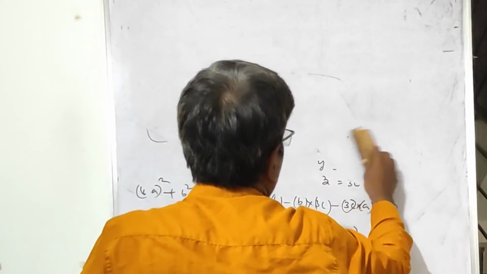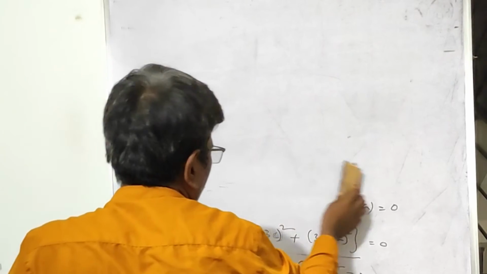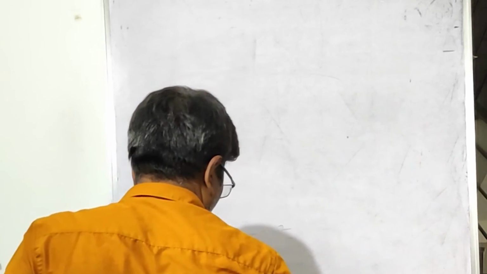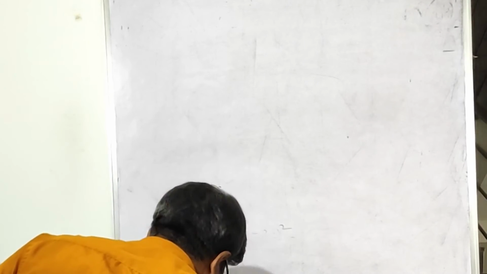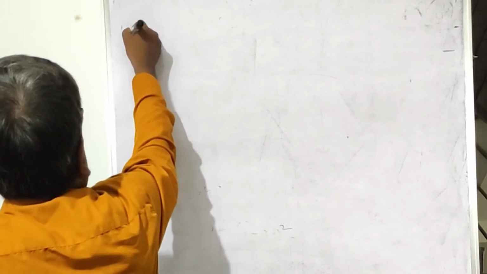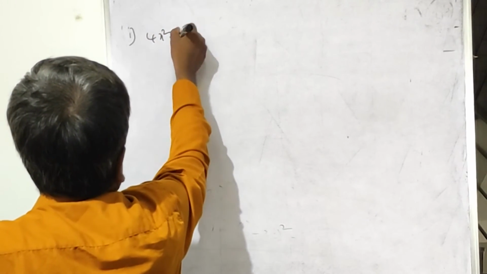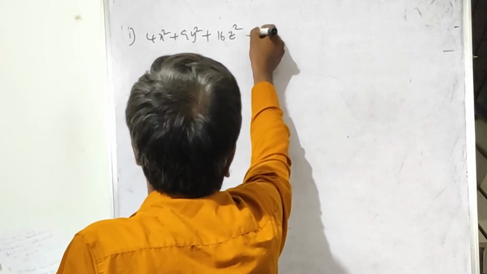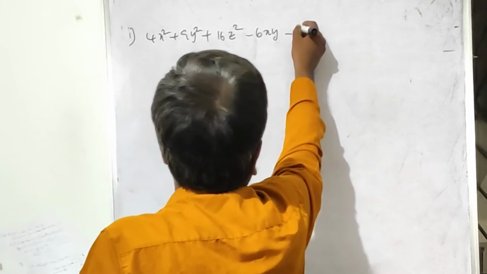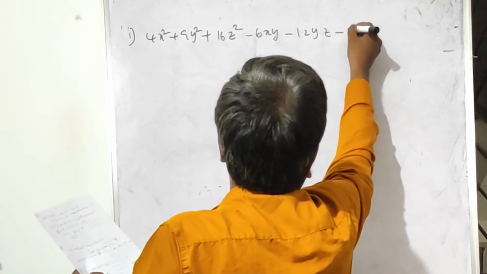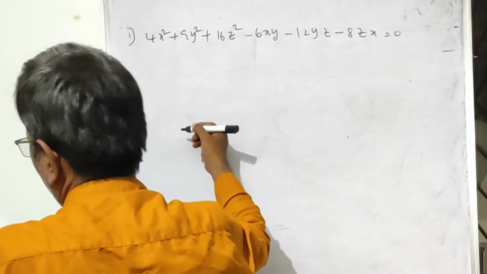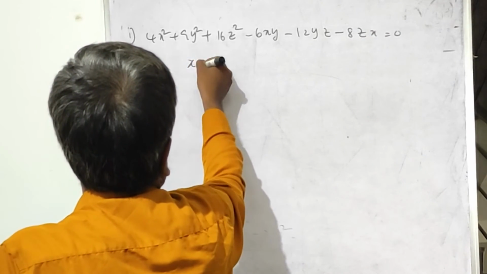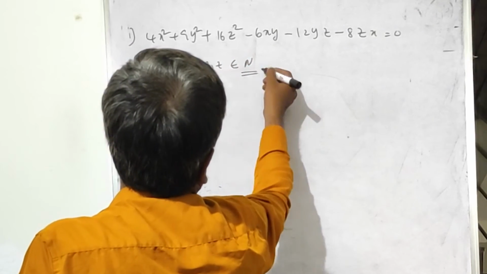I'll give the problem only. Just try to solve the question. Remember, only practicing makes you perfect in this type of problems. Suppose the question is given like this: 4x square plus 9y square plus 16z square minus 6xy minus 12yz minus 8zx equals 0. Here x, y, z belong to natural numbers.